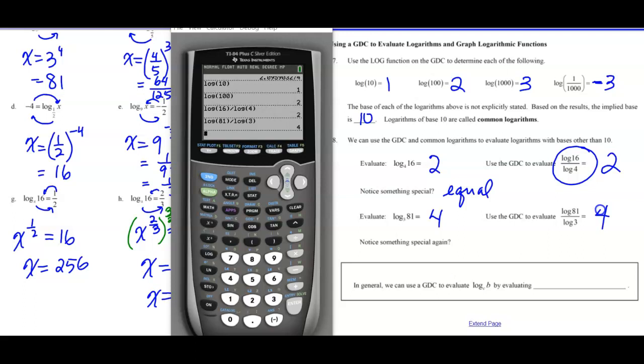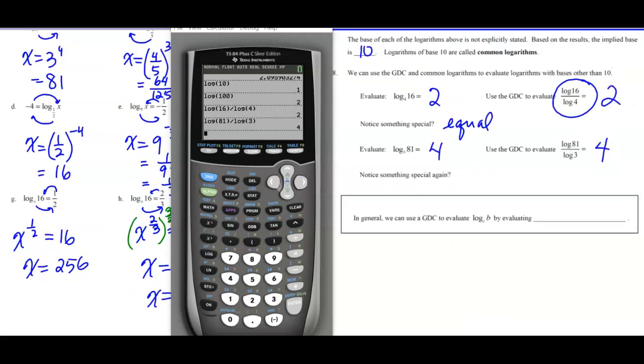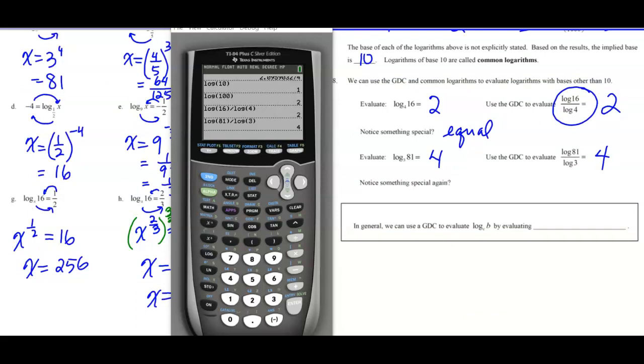So we can use a graphing calculator to evaluate this by taking log of B over log of C. The new base is 10, but it doesn't have to be base 10. If we had a separate key that was base 3, we could still do this. These bases just have to be the same. That's why it's called the change of base formula.